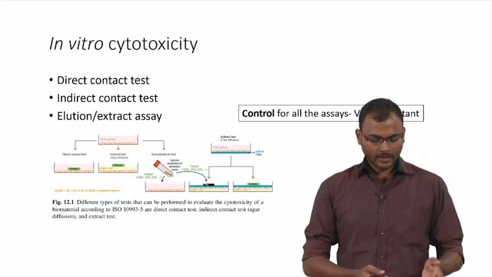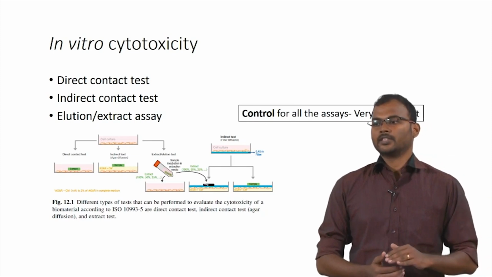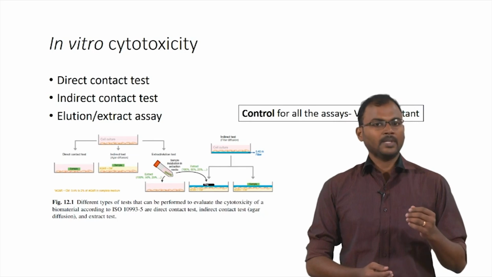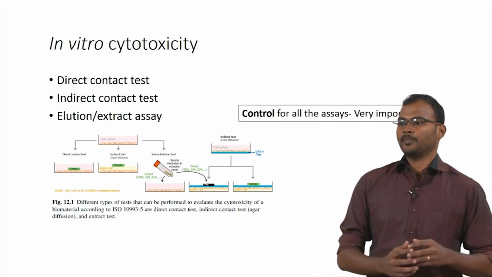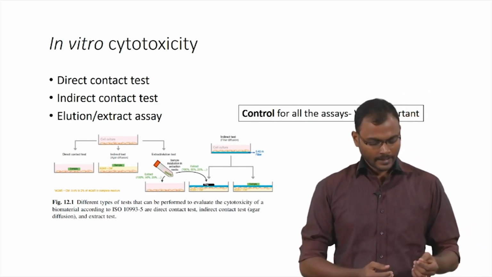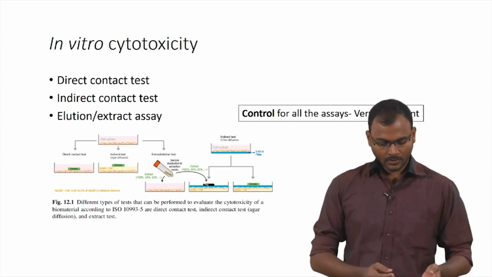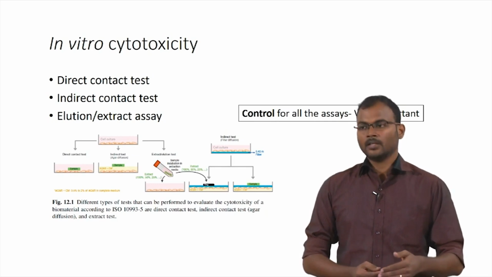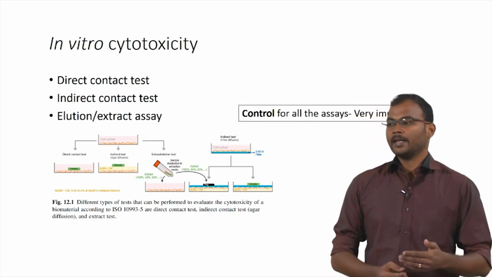So, the indirect test is done using an agar layer on top of the cells, and your sample would be there. If your sample is leaching out some compounds or some other drugs are releasing from the material, then that can leach out and affect the cells underneath it. So, that is indirect contact. Indirect contact can also be done based on how it is interacting with the cells.